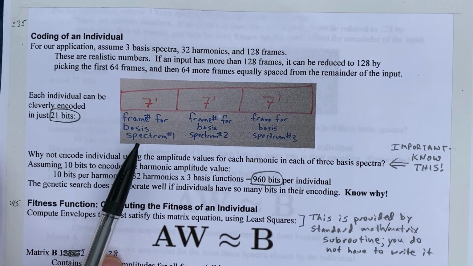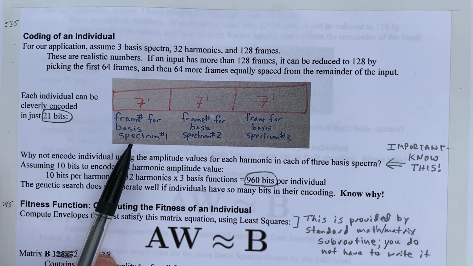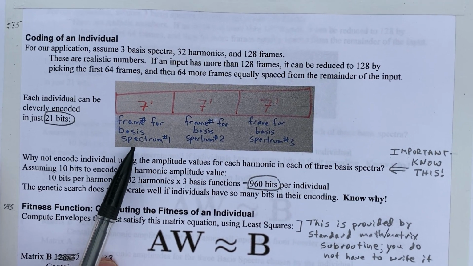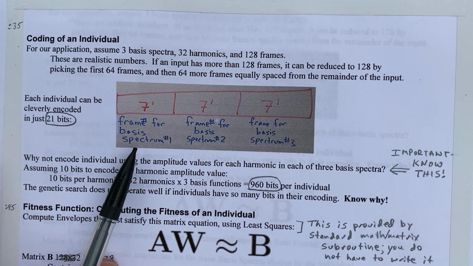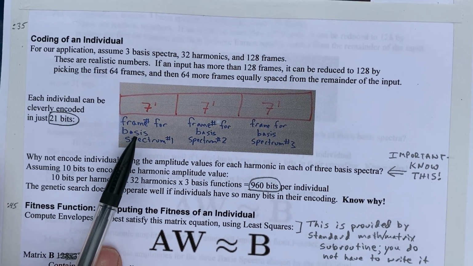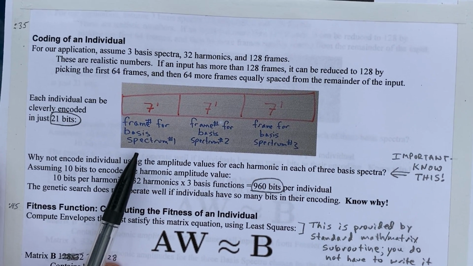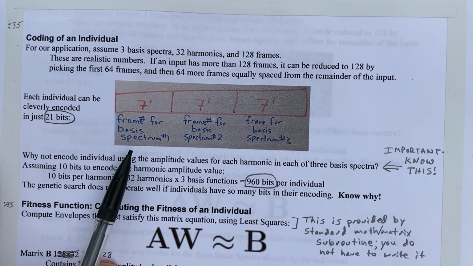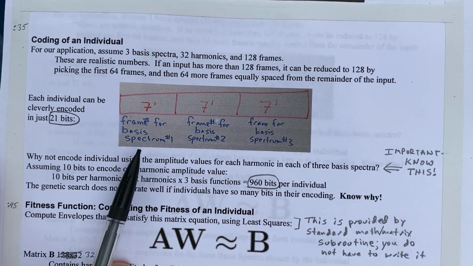So how are we going to encode it? This might seem obvious at first, but this alternate encoding below that I'm going to talk about, the dumb encoding, is maybe what you'd think of first too. Who knows? But this is a clever way of doing it. You encode the frame number for the first basis spectrum. You're going to have to pick 3 of them. There's only 128 frames total, so you take 7 bits, 7 bits, 7 bits.